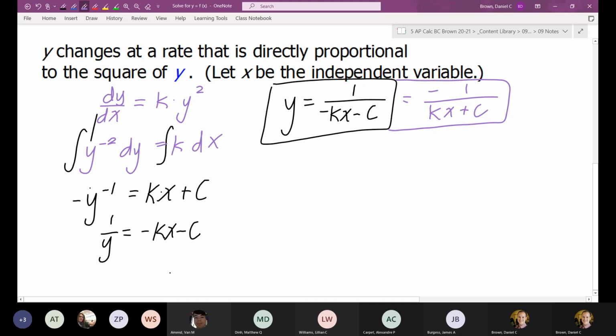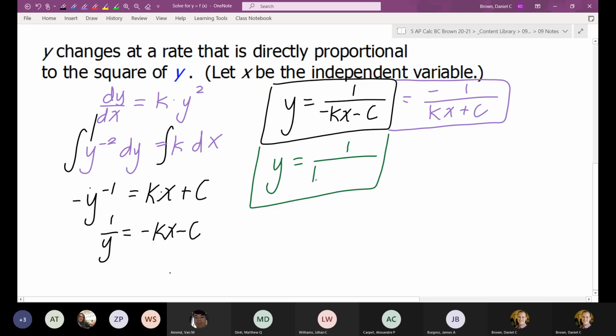Other equivalent answers I could come up with: I have k. K is a number. What is negative k going to be? Just another number. K is a number, negative k is another number. As long as we don't know what it is, I can just plop in whatever letter I want.